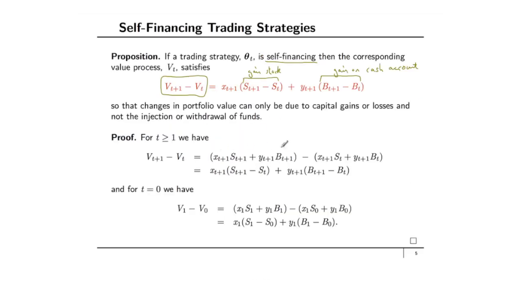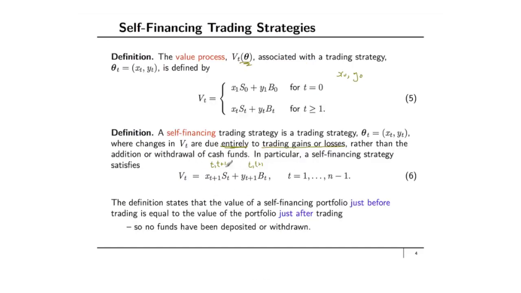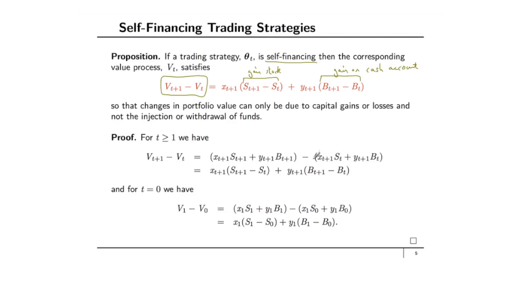So that's what this term is here. And when we subtract V_t, we're going to use the self-financing condition and use this over here. And that's this term here. You put them together and you get the desired quantity. We get a similar simple proof for the case where t equals 0.